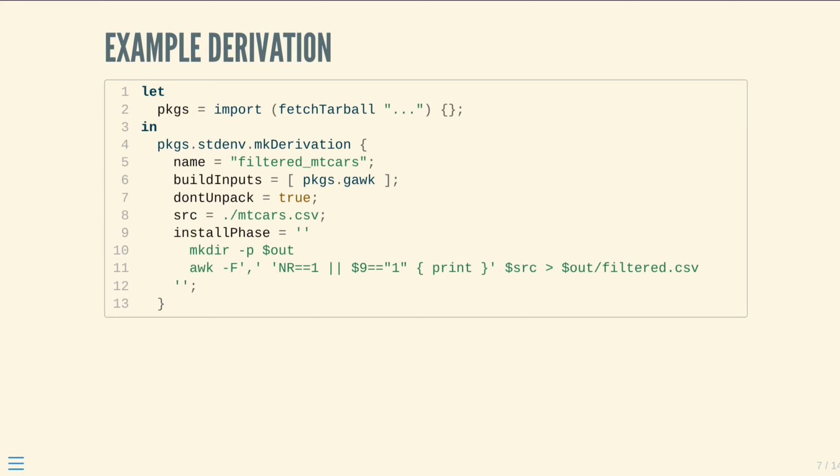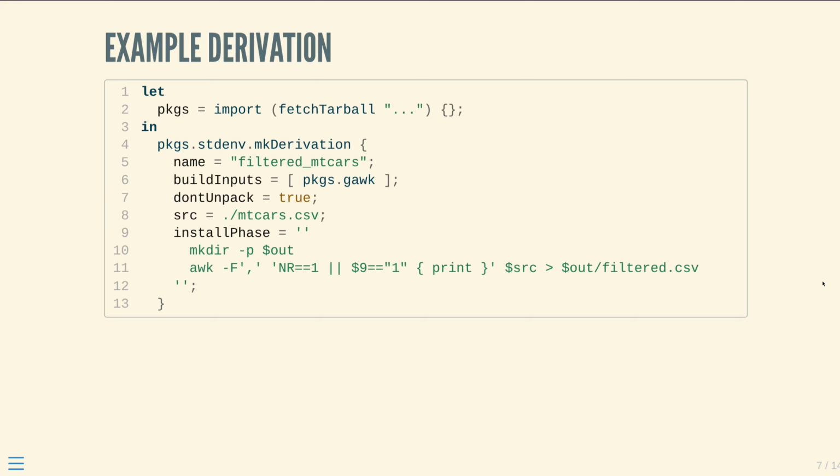This is an example derivation written in Nix that uses the awk tool to filter some rows in a CSV file. And this is actually a functioning derivation. The only thing missing is the link to the Nix tarball that I replaced here with three dots. But apart from that, it is a functioning derivation.